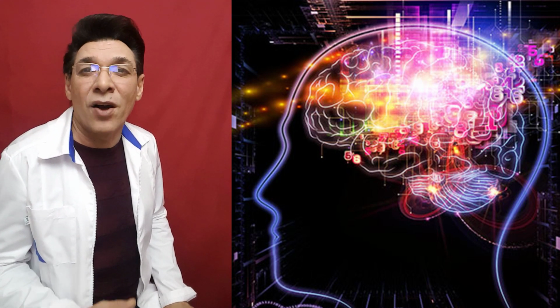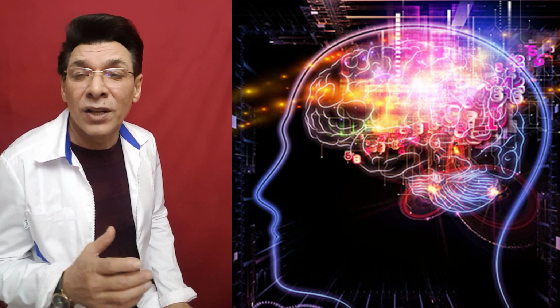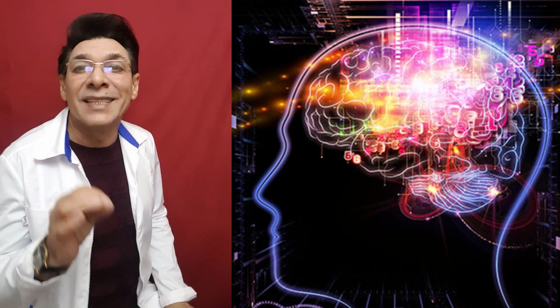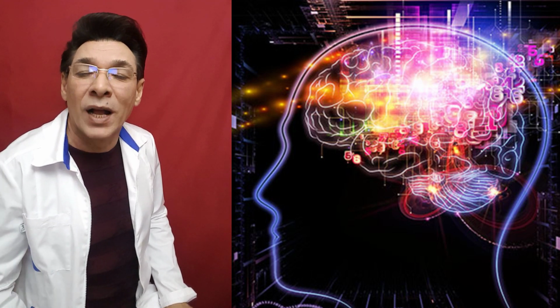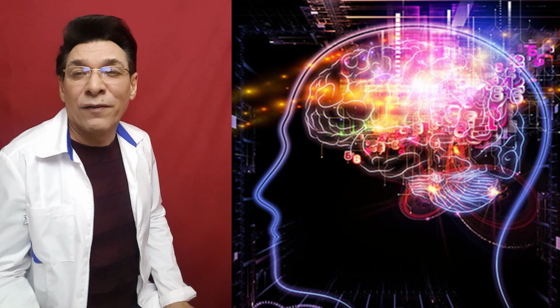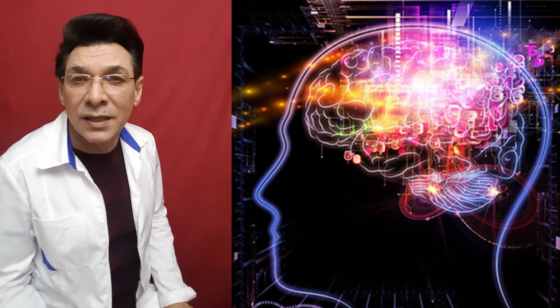The focus of this chapter is on neural tissue, both its structure and its function. Our first question is divisions of the nervous system.